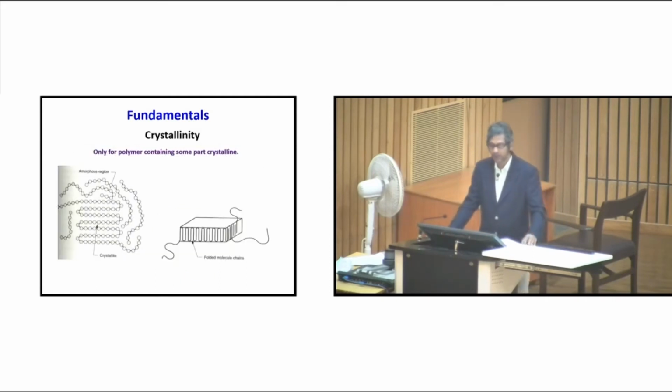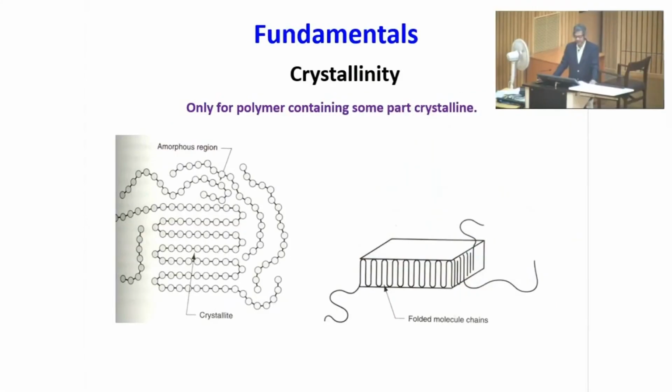Now, polymers, as I said, are mostly amorphous, but they are not fully amorphous. There will always be some crystallinity present. And these crystalline structures are randomly present in the material. As you can see here, there is a crystalline structure, there is an amorphous structure, or you can have such folded regions also possible.